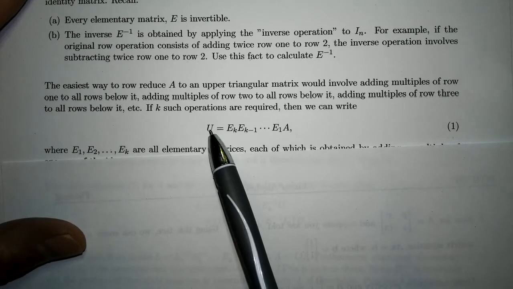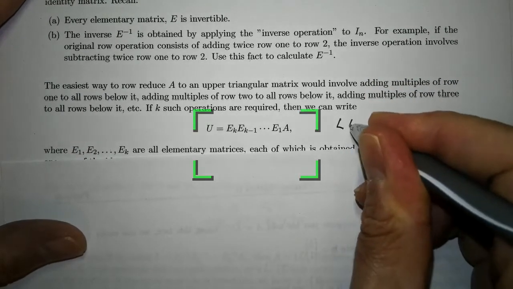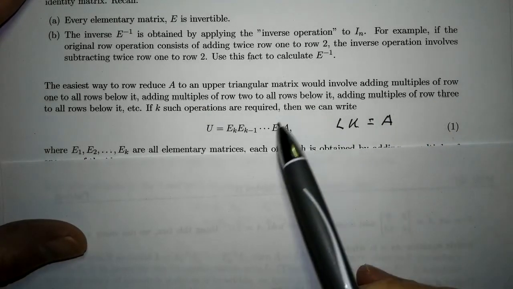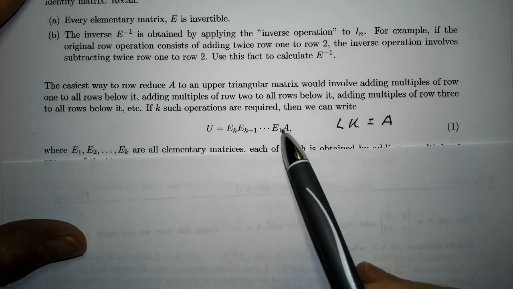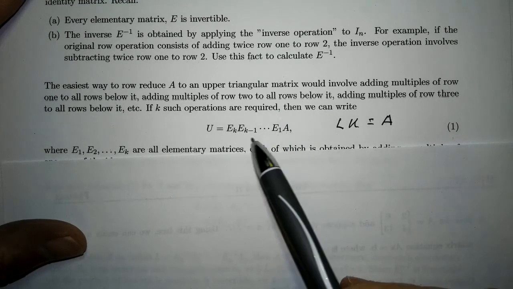Now we want to figure out what L is, because we want to write LU equals A. And the simplest way to do that would be to multiply in the right order by the inverses of all of these elementary matrices.